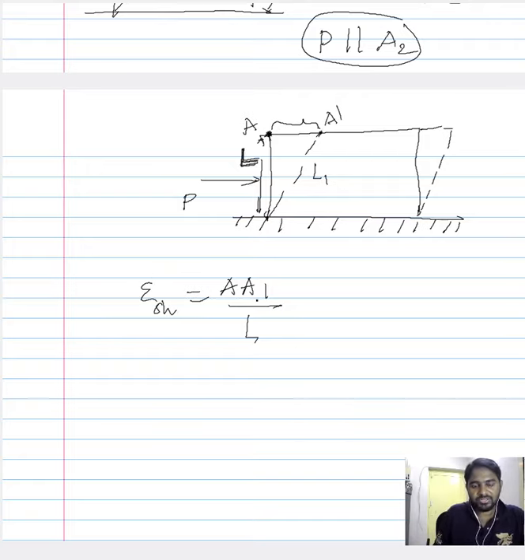And this shear strain, let us use a new symbol for it, delta, is the ratio of the shift in the position of the corner with respect to the original length.